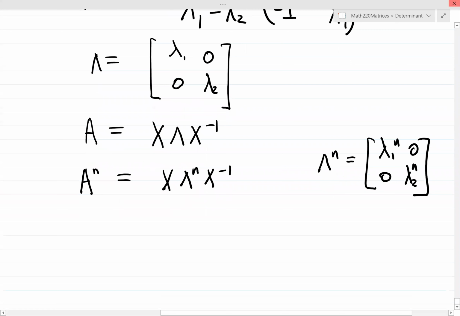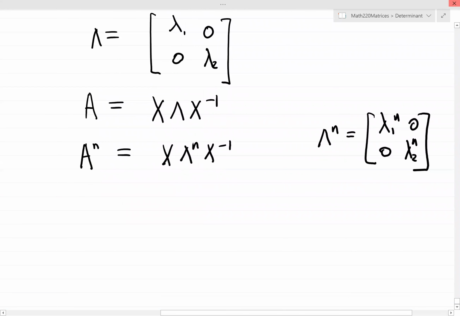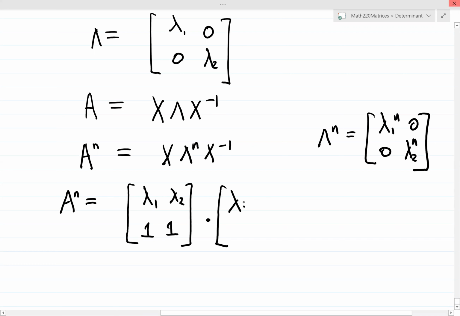Now we compute A to the power n. The matrix X is (lambda 1, lambda 2; 1, 1). Gamma to the power n is easy: lambda 1 to the power n, lambda 2 to the power n, zeros elsewhere.